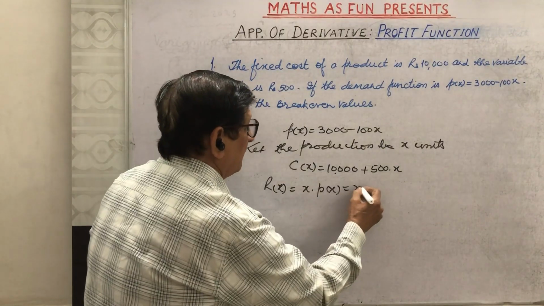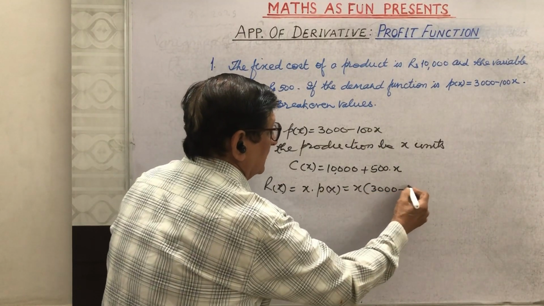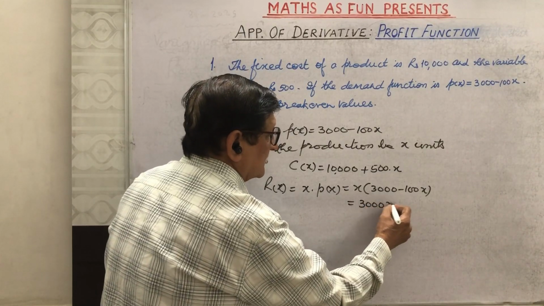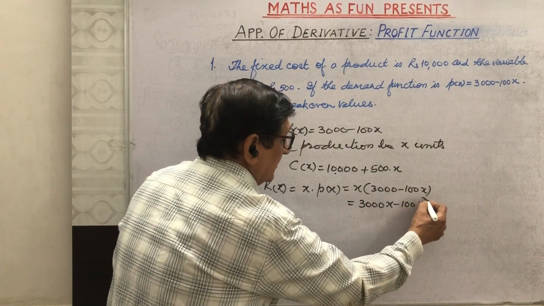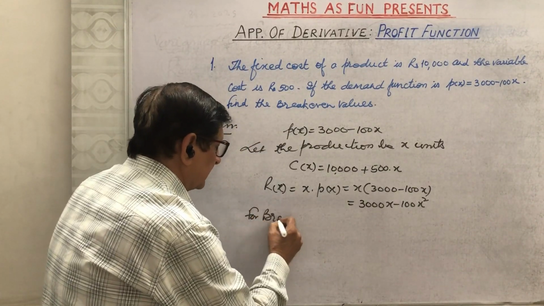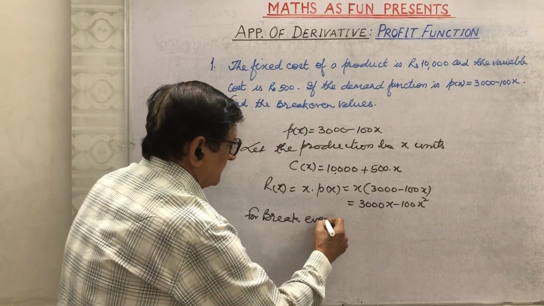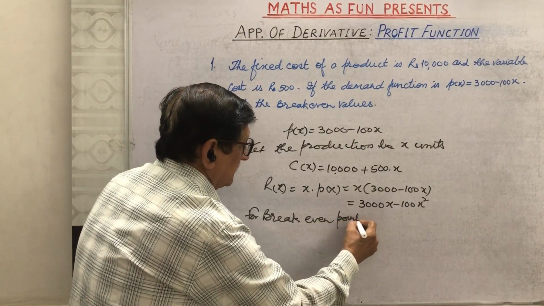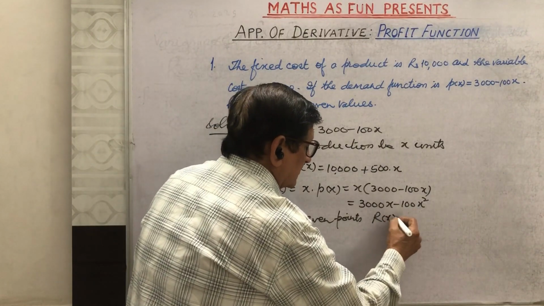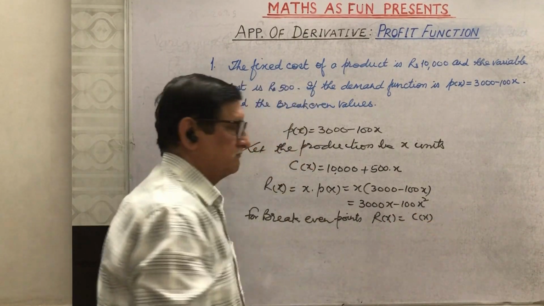That is equal to x into 3000 minus 100x. Can we say it is 3000x minus 100x square? And now we'll write for break-even points, R(x) is equal to C(x).